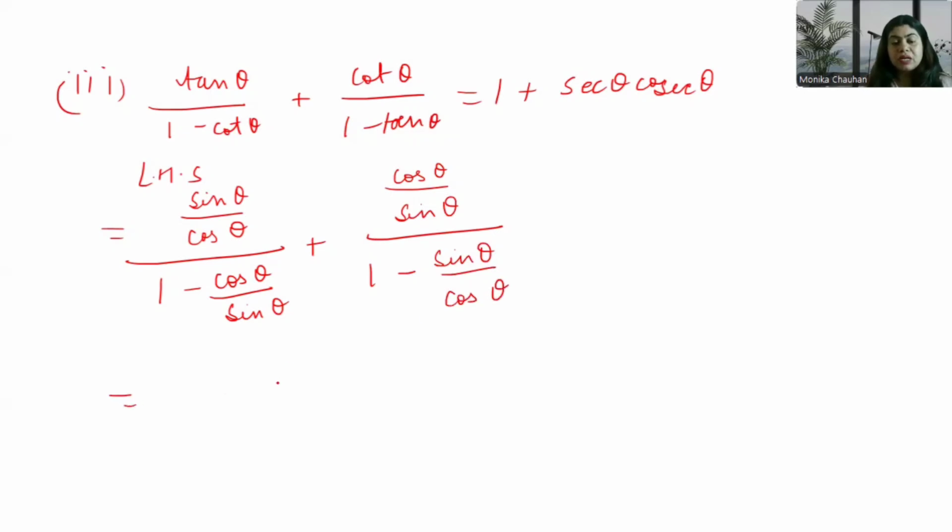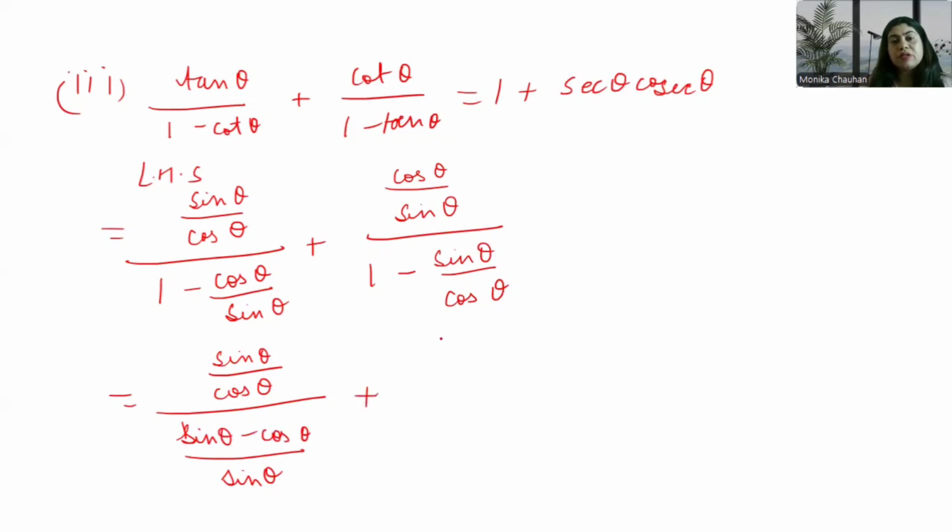Now, how to solve it further? Obviously, in the numerator, you can't solve anything, so you have to write it as it is. But in the denominator, you have sine theta as the LCM, so you'll get sine theta minus cos theta.